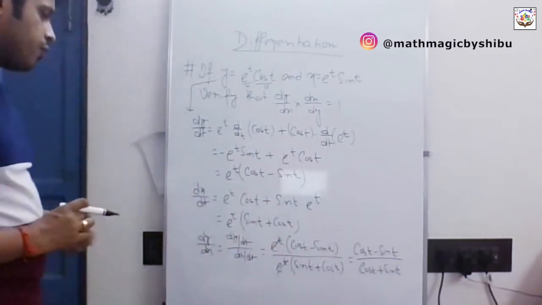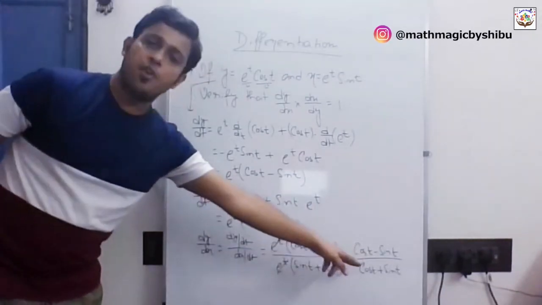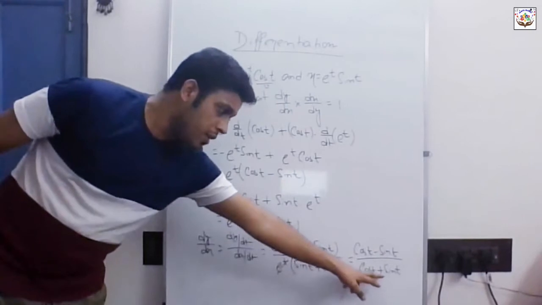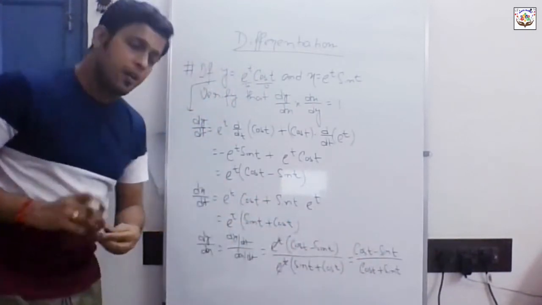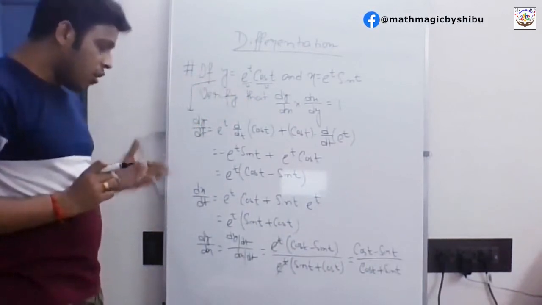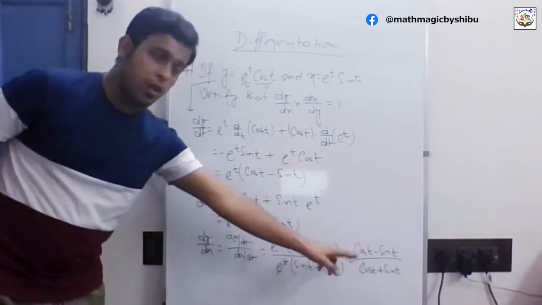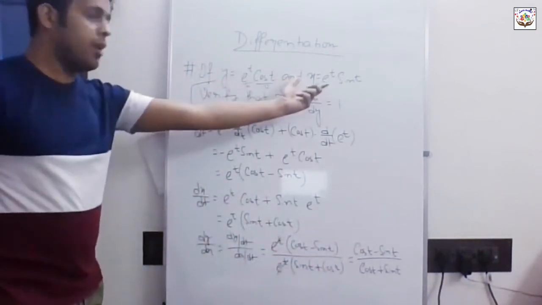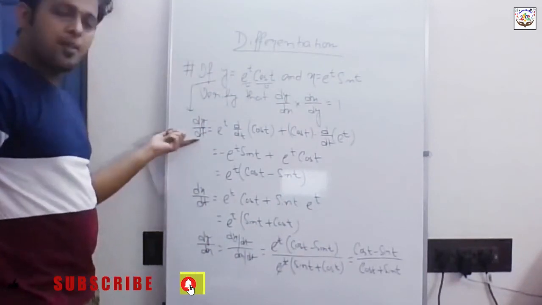Okay, so dx/dy would definitely be reciprocal to this form. I mean to say cos t plus sin t divided by cos t minus sin t would be the dx/dy. But for this problem, we cannot directly write dx/dy as the reciprocal of it, because we have the value of dx/dt and dy/dt.